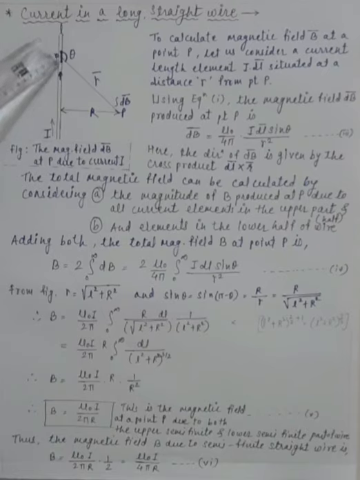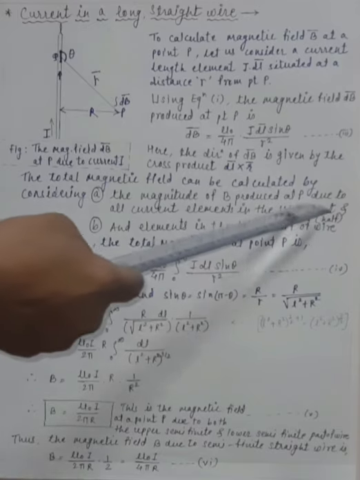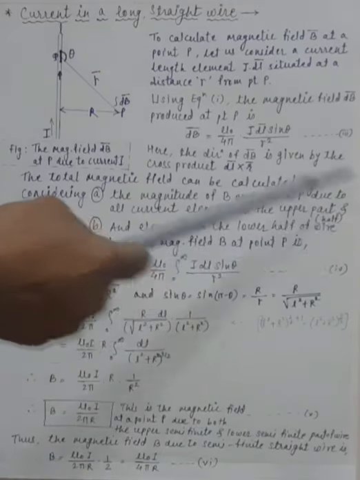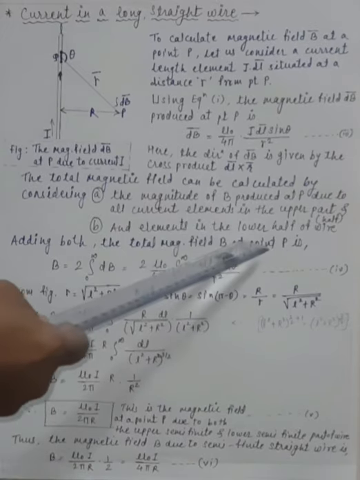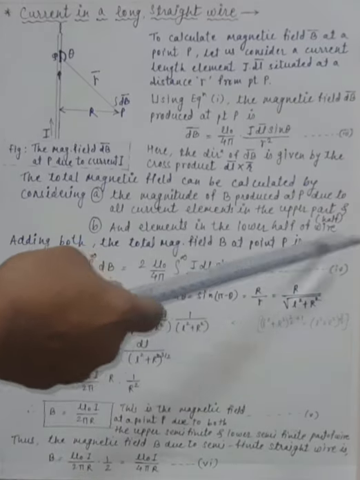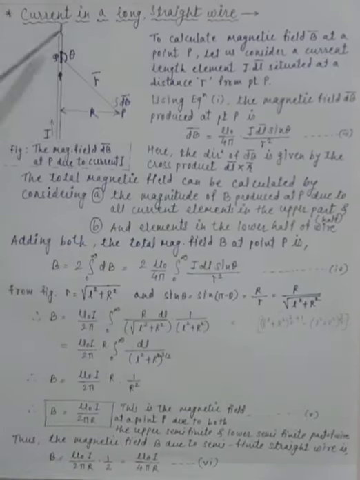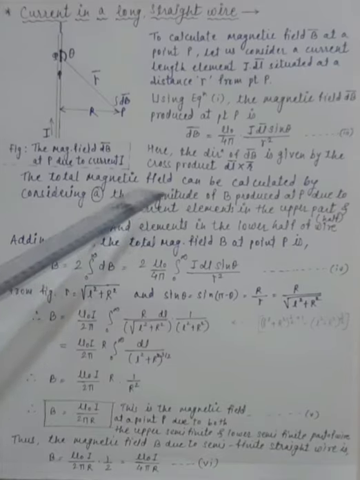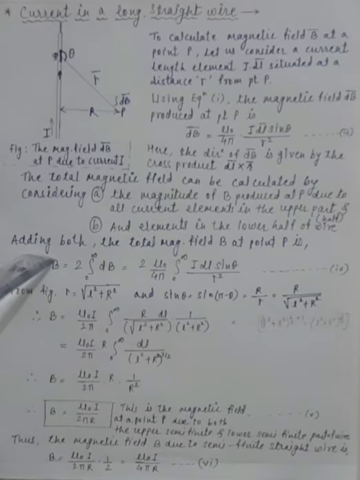Here part A is the magnitude of magnetic induction produced at point P due to all current elements in the upper half of the wire, and similarly for all current elements in the lower half. By symmetry of the wire, the magnitude of magnetic induction for both halves is the same, and both fields are in the same direction, therefore they can be added.